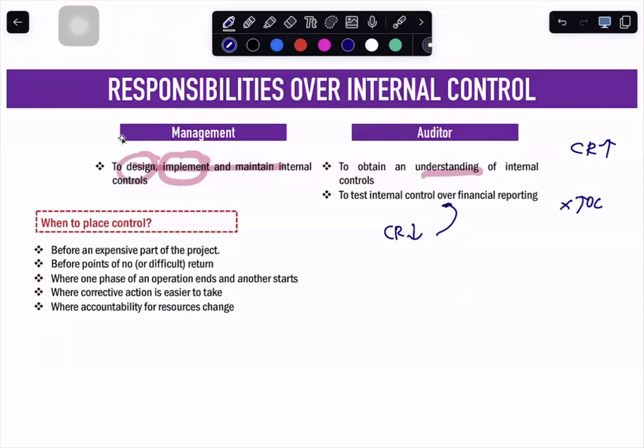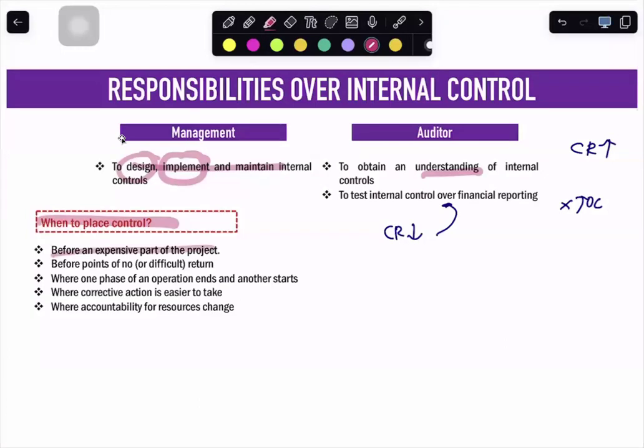So why again place control? Earlier, we said we place control to attain the objectives of the entity, whether that is financial reporting, operating, or compliance. But you place control so that at least we minimize the impact on the entity. Now, the question is, when will you place that control?